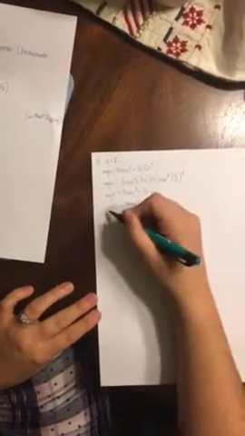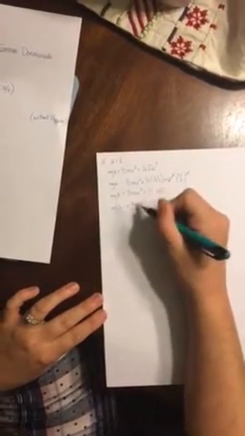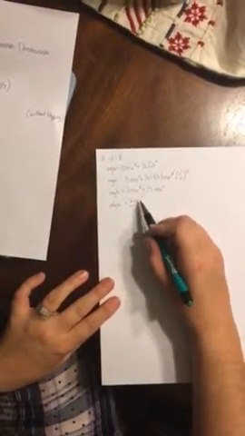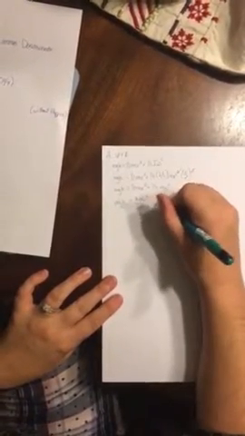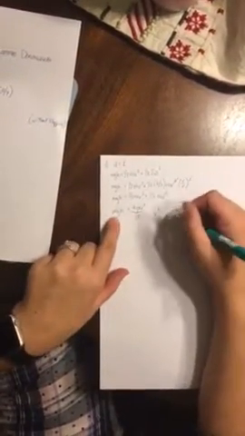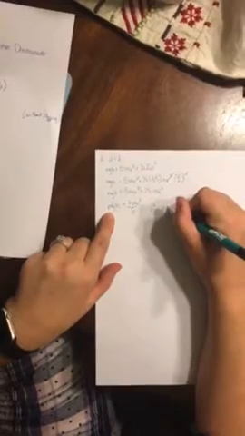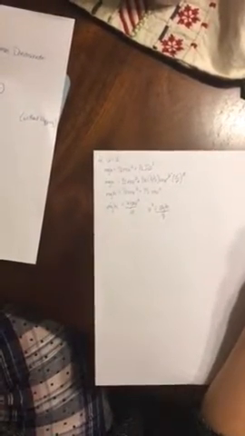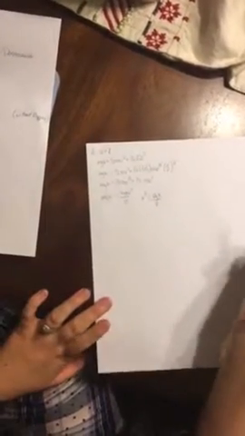Now your m's cancel out because they're the same for both. You need to solve for v squared. So your v squared ends up being 10 gh over 7, because there's your 7.